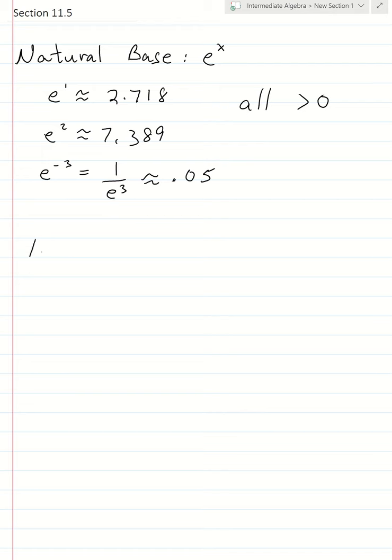And when we talk about a logarithm that involves base e, the natural base, we call that the natural log. When we're dealing with logarithms of base e, we refer to that as the natural log.